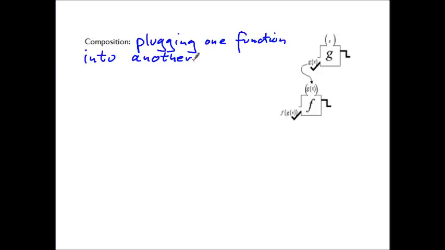Let's look at our function machines here on the right. First, our x goes into the function machine g and comes out as g of x. And then that g of x goes into the second function as an input now. And that second function f turns that into f of g of x.